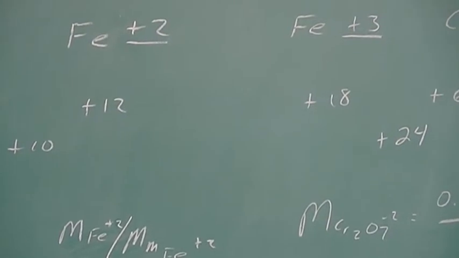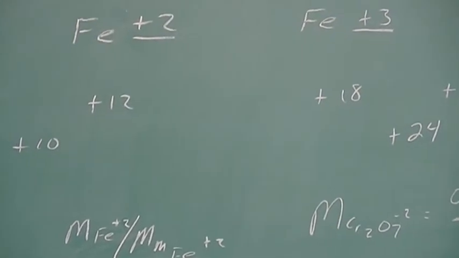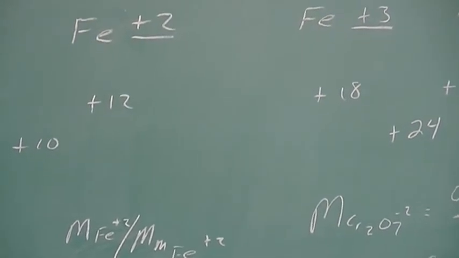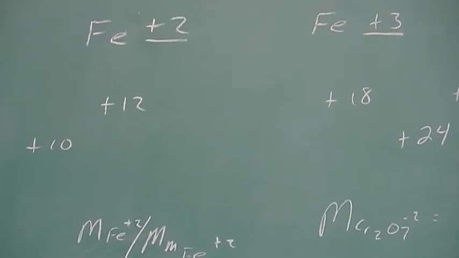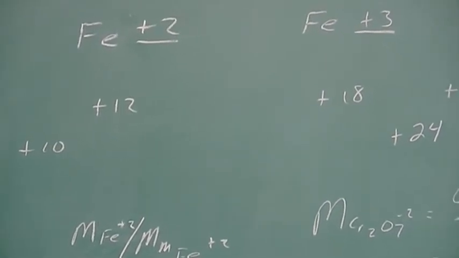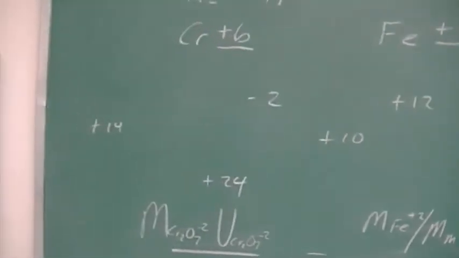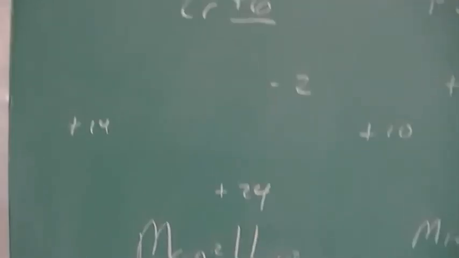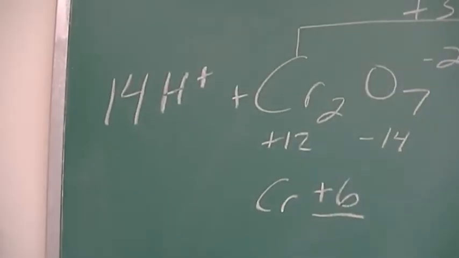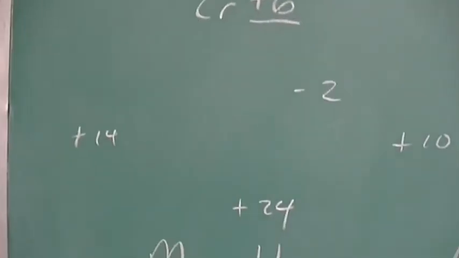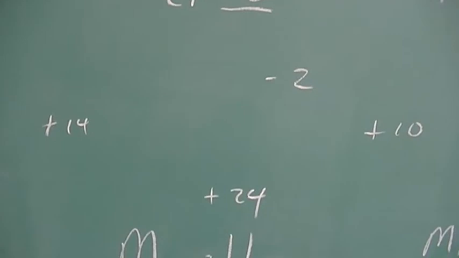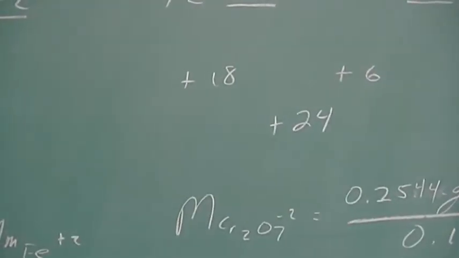We are doing this oxidation reduction titration in acid. And so to have the charge on the left and right be the same, we have to have 14 H pluses on the left. So when I put my 14 H pluses on the left side, now I have a total charge of 24, which is equal to the total charge of 24.